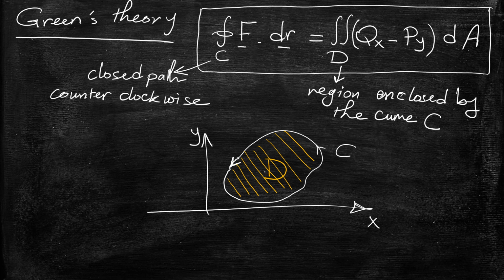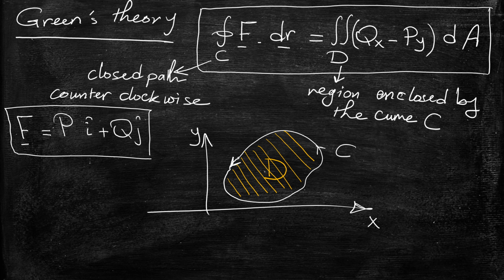of this derivative in order, which is the partial derivative of Q with respect to x, minus the partial derivative of P with respect to y. Again, don't forget this F was nothing but P, the i component, and the other part is Q, the j component.